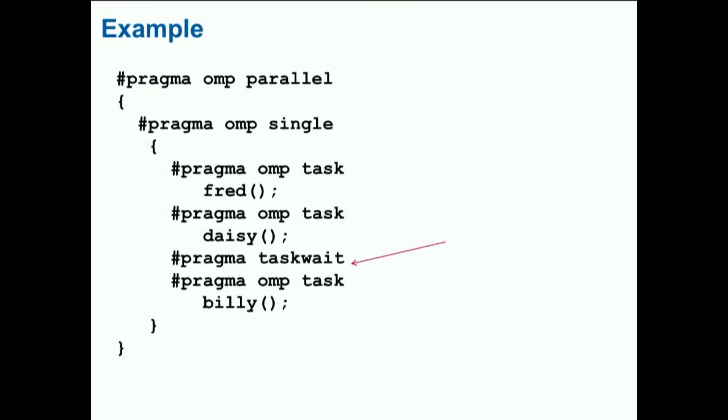There is a taskwait implicitly at the end of that single construct, whatever the first work sharing construct is outside the task region. It will be the end of this line here. But if you want to wait before, let's say Billy depends on some result of Fred and Daisy, and you want to make sure that Fred and Daisy have completed before you call Billy, you can just insert a taskwait here. That's fine.